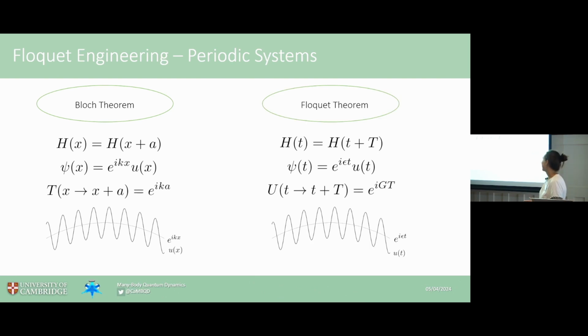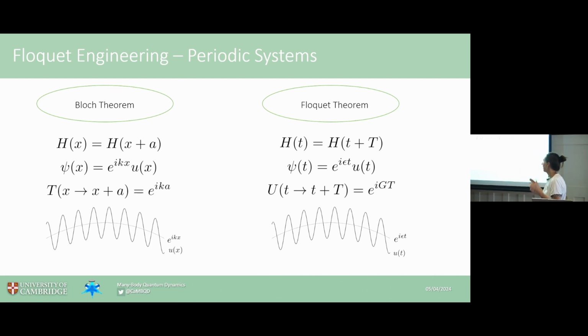And similarly, Floquet theory is the idea that if you have a Hamiltonian that is periodic in time, in a similar vein, the time-dependent solutions to that are Floquet states, where you have a periodic component U, which has the same periodicity as your underlying Hamiltonian, capital T, and then multiplied by some overarching phase.